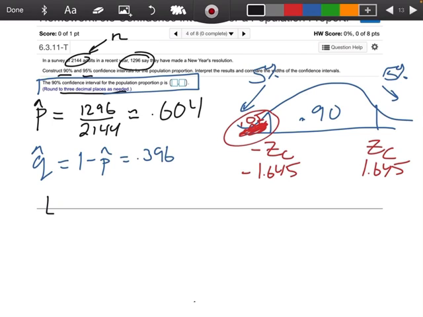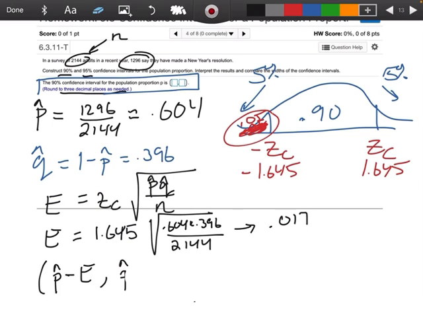0.017. Now, the way I'm going to find my interval, it's going to be p-hat minus E and p-hat plus E. Let's do this part on the calculator. Remember, my p-hat is 0.604.